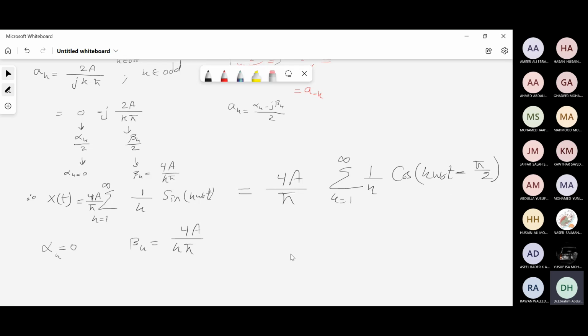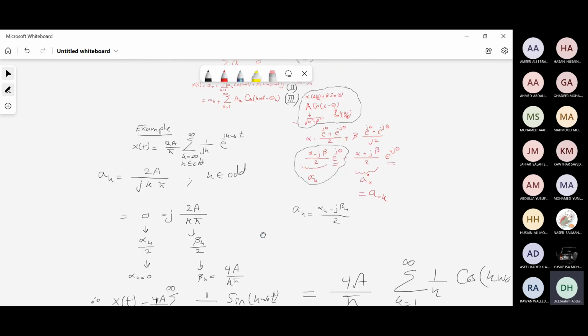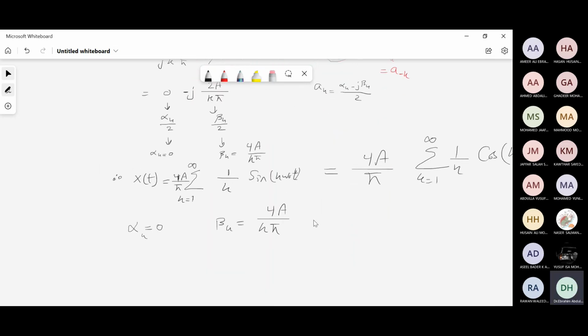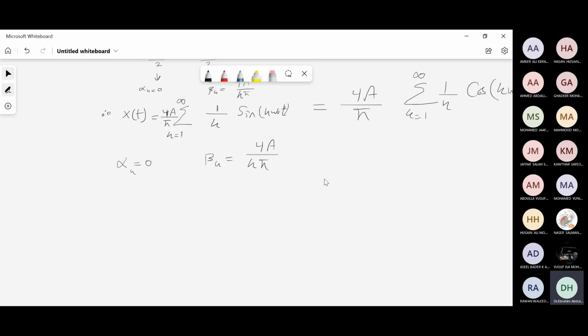If you don't want to do it like this, then use the relation between form number 2 and form number 3, so find A and find theta from alpha and beta. A of k is equal to square root of alpha k square plus beta k square. Alpha is 0, and the root of the square is beta k, which is 4a divided by k pi.